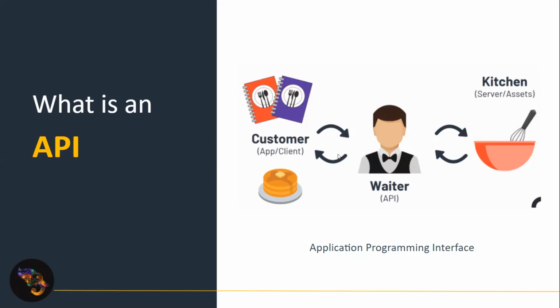Let's say the customer is organization A and the kitchen is organization B. Organization A wants something from organization B, so it will request it through the API. Organization B will do some logic activities, prepare that data and send it through the API to organization A. That is how it works, right?